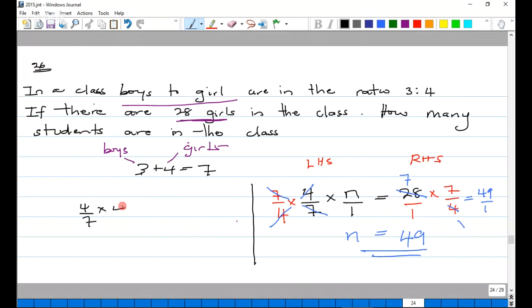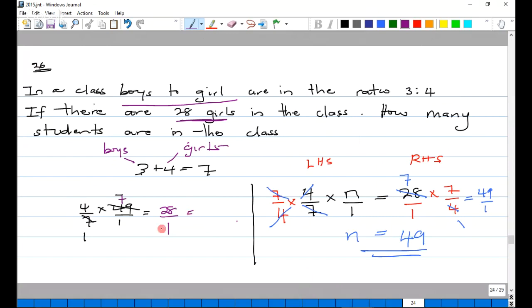And if I multiply that by the 49, I should be getting the total number of girls, right? So 7 into itself one time, and 7 into 49 goes? 7 times. Good. So 7 sevens would give me 49. And now numerator by numerator, that would be 7 4s, 28, and denominator by denominator, 1.